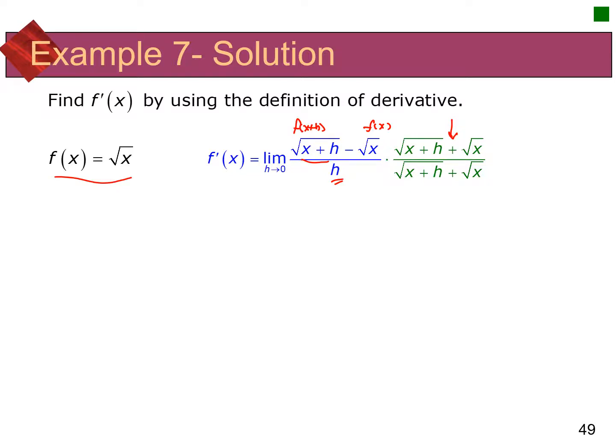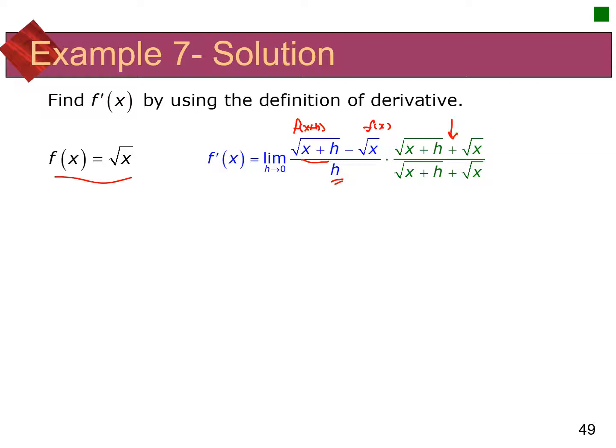The reason being is when I do the foiling process, I'm going to do the first times the first to get x plus h square rooted times x plus h square rooted, which means I'm squaring a square root at that point. When I do the O and the I part of the foiling process, I'm going to end up with a positive quantity, and then a minus of that quantity, so they're going to cancel each other out. And anytime I deal with conjugates, that's what happens. And then when I do the lasts, I'm going to get negative square root x times square root x, which is basically going to make the square root symbol disappear.